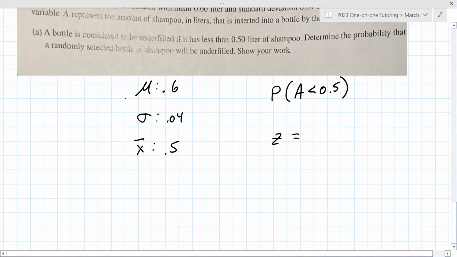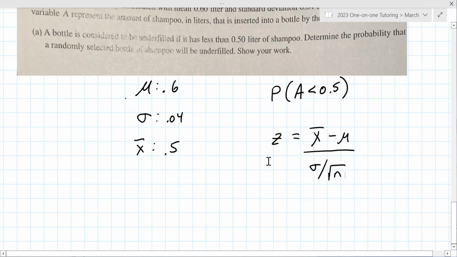So you've got to calculate a z-score here. Do you remember the formula for z-score? I believe so. I don't know if I can remember it by heart. Okay, so we've got x bar minus mu over sigma divided by the square root of n.